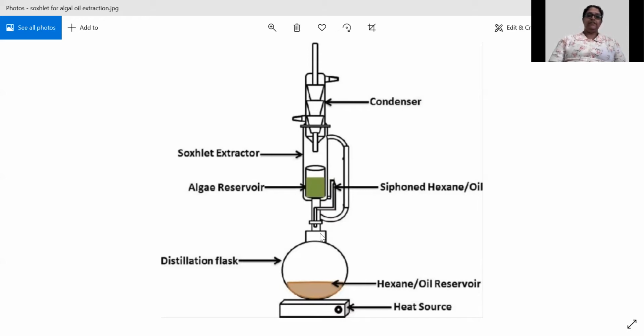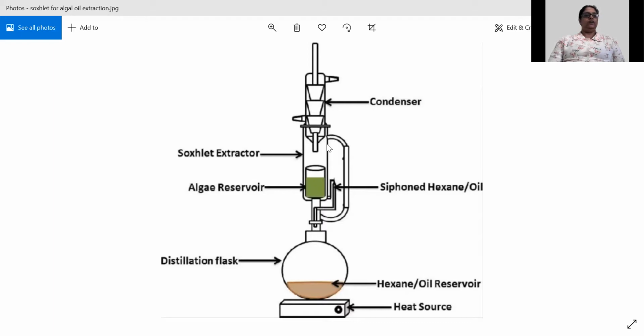What happens is you have your hexane which is coming up as a vapor over here. But now what happens over here? This condenser part is fully cooled using cold water.